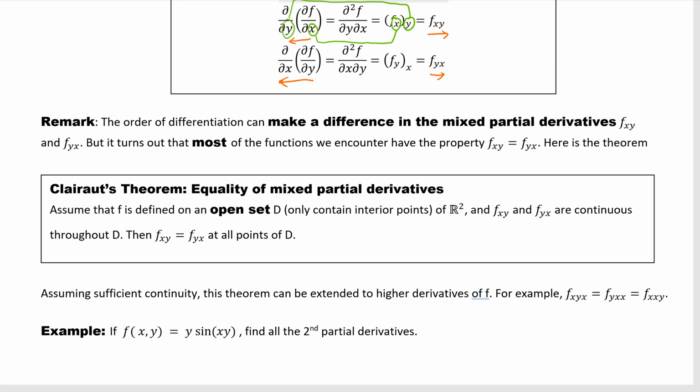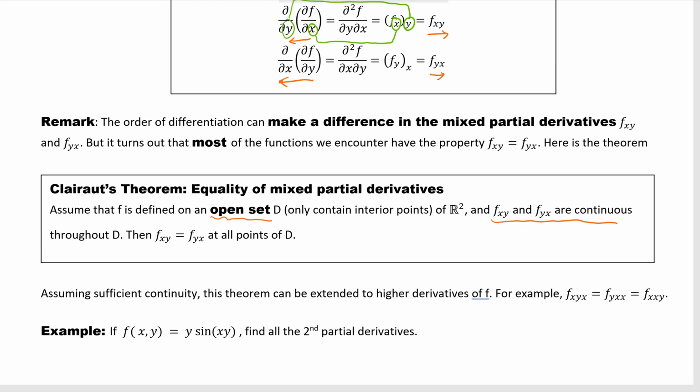Okay, so be careful, check the hypotheses, the conditions, carefully. It must be an open set of R2, and they must be continuous. After we satisfy those two conditions, then we have equality of mixed partial derivatives. Assuming sufficient continuity, this theorem can be extended to higher derivatives of f.